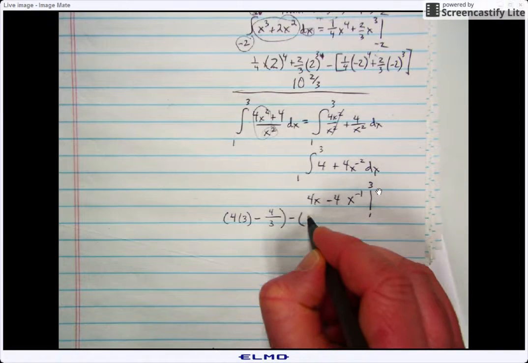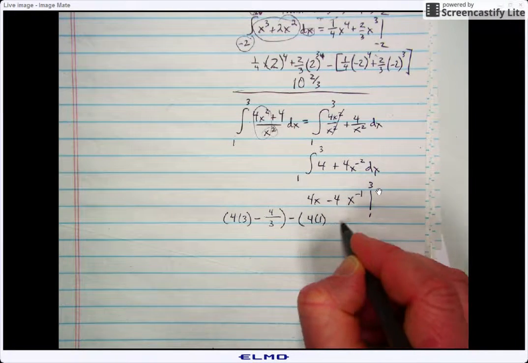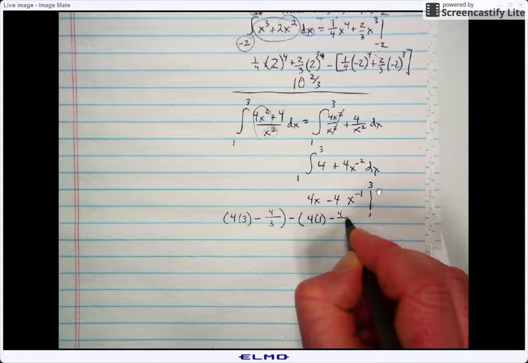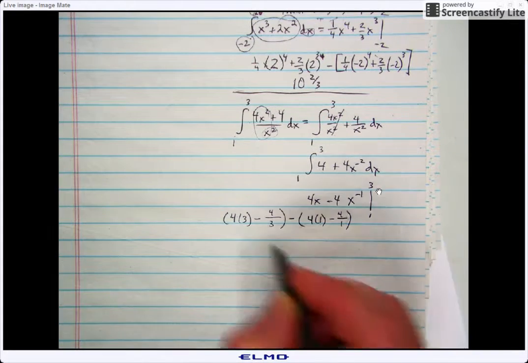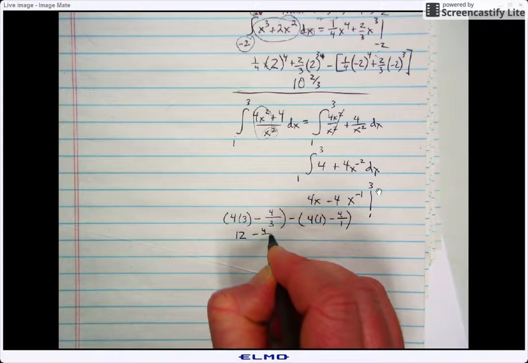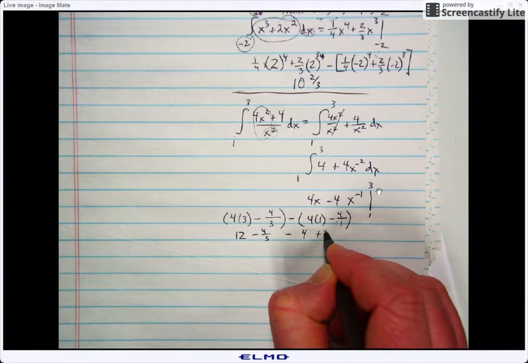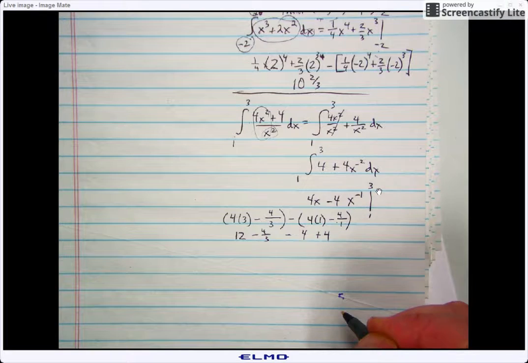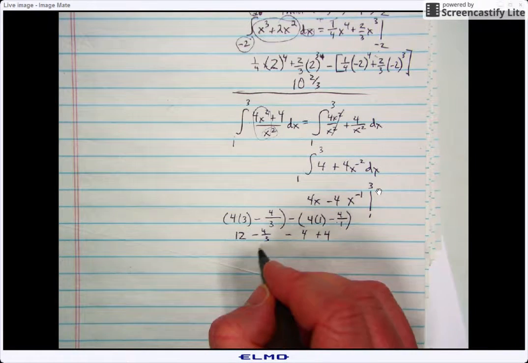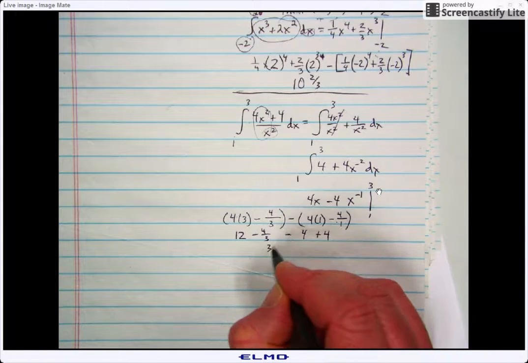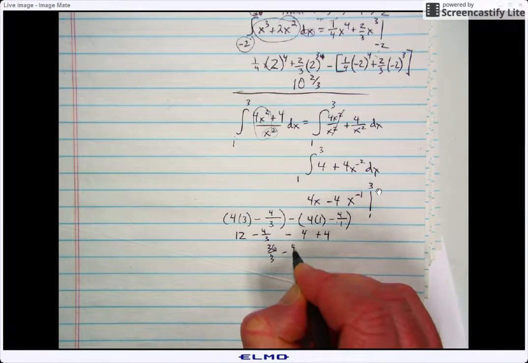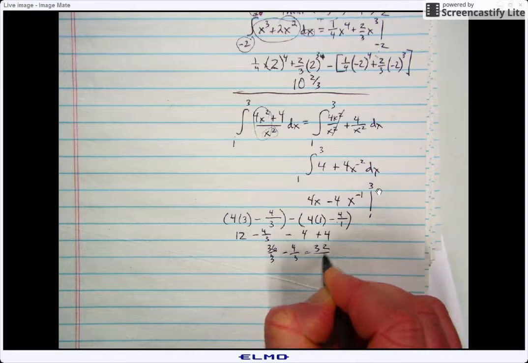Minus 4 times 1 minus 4 over 1. So 12 minus 4 thirds minus 4 plus 4. That is going to give us 0. So 36 thirds minus 4 thirds equals 32 thirds.